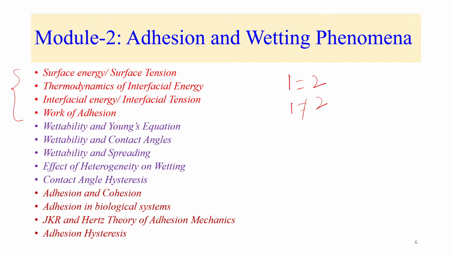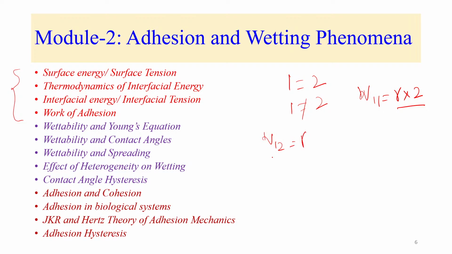Then what we found was the work of cohesion W11 is twice the surface tension or the surface energy, and similarly the work of adhesion is also related with the surface energy.